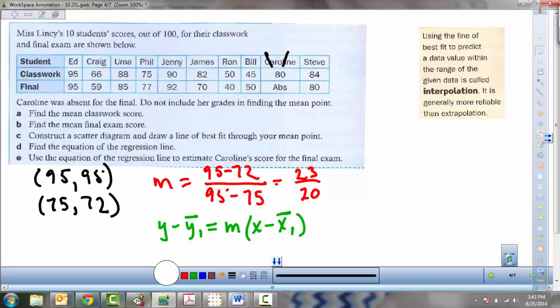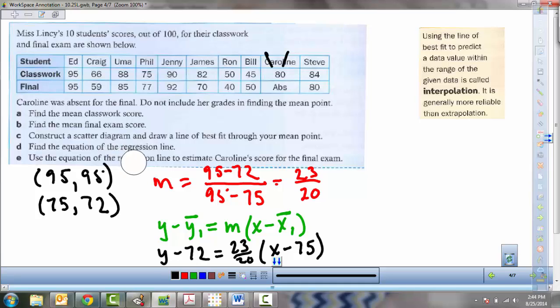So my equation becomes y minus 72 equals 23 over 20 times x minus 75. And if I wanted to put this in slope-intercept form, we simply have to distribute the slope and then get y by itself. But this is an equation for the regression line that I drew.